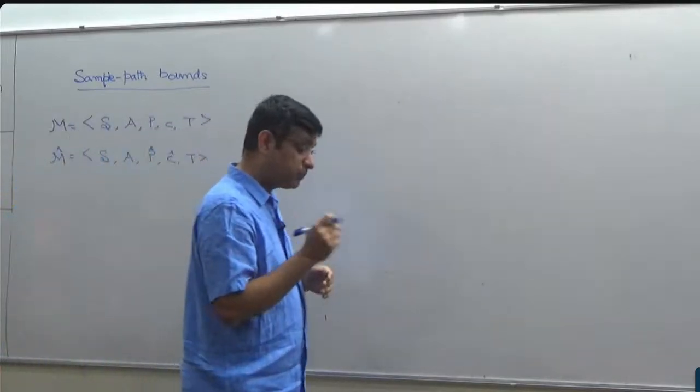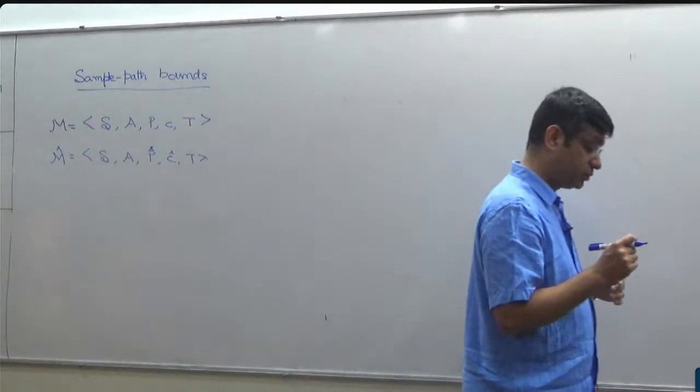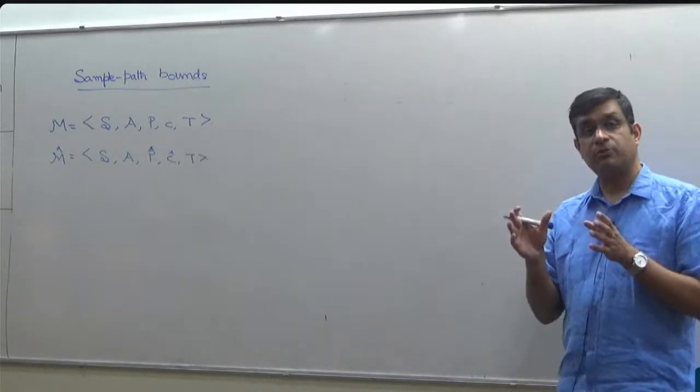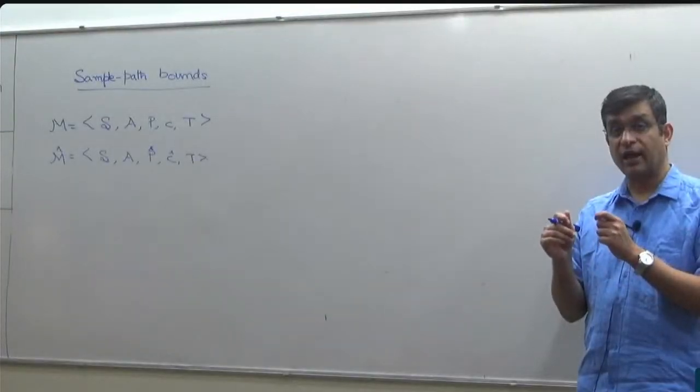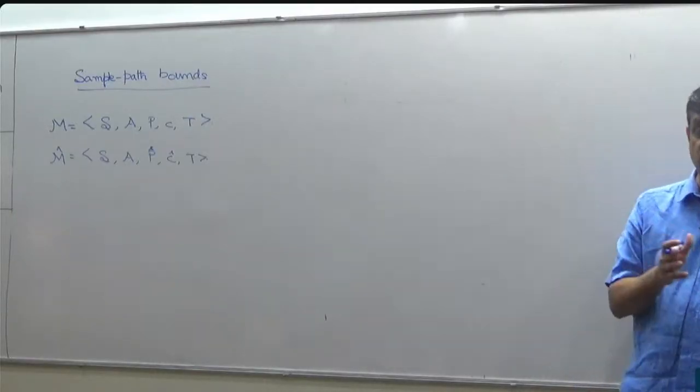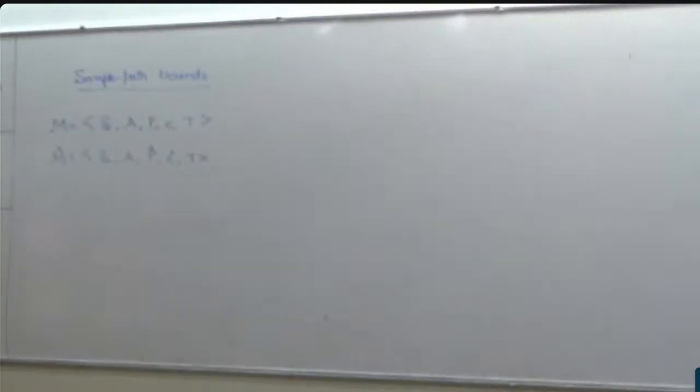I'll get bounds on value error, which will not be computable even if I have access to both the models. It can be fixed, but I'll not go into it right now, just in the interest of time essentially. And I'll combine them to get bounds on the model error. And I'll show how I can get bounds which are computable when I have access to both models. That's going to be our first step, trying to get as good approximation bounds as we can get if I have access to both models.